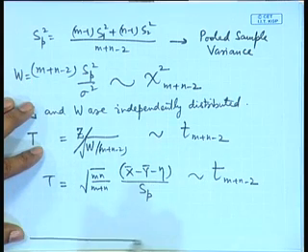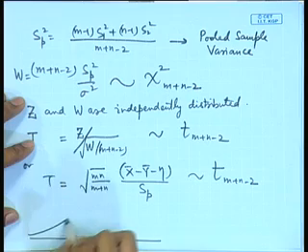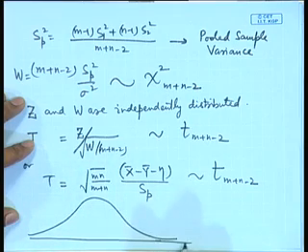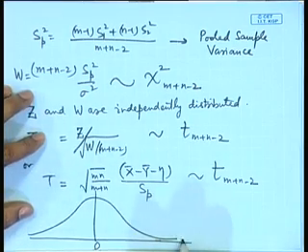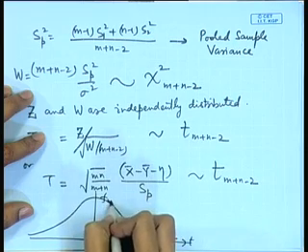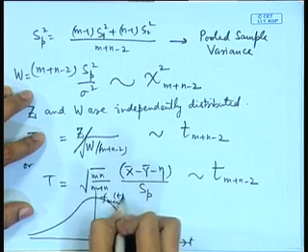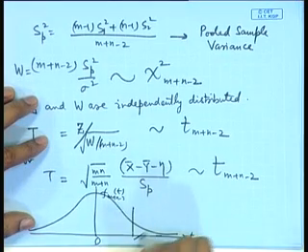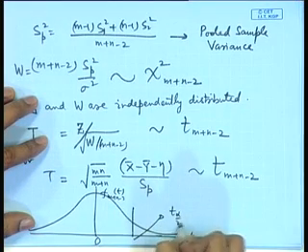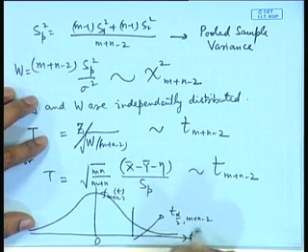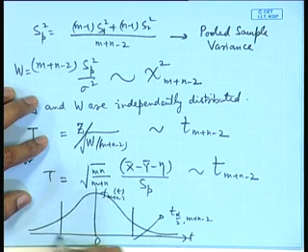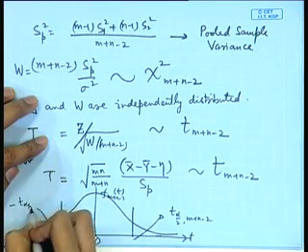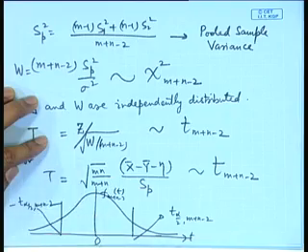So, we look at the t distribution, it is symmetric about 0, and so this is f m plus n minus 2 t. So, we look at the point here, this point is t alpha by 2 m plus n minus 2, and we have on the left hand side the similar point, that is minus t alpha by 2 m plus n minus 2.